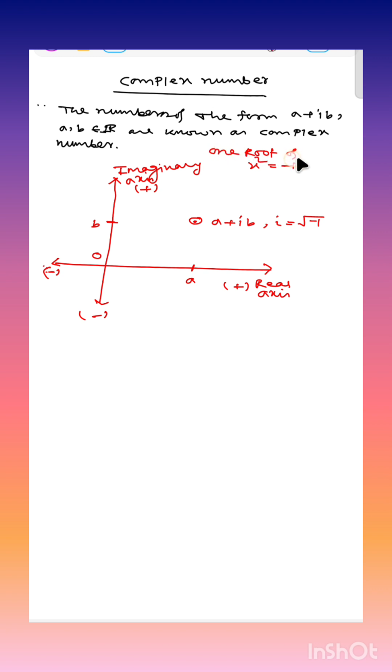Root of x square equal to -1 is i. That means i square equal to -1. It is the point P.